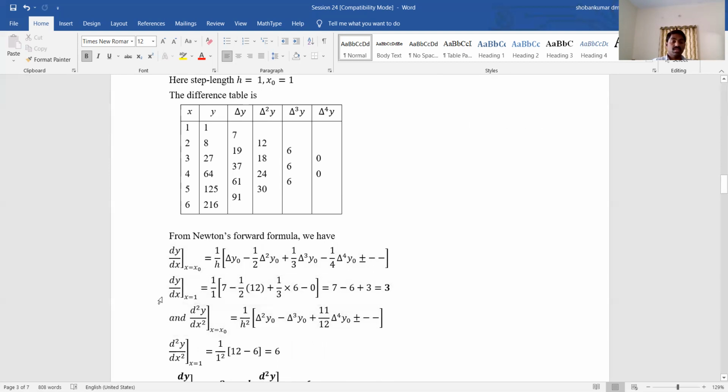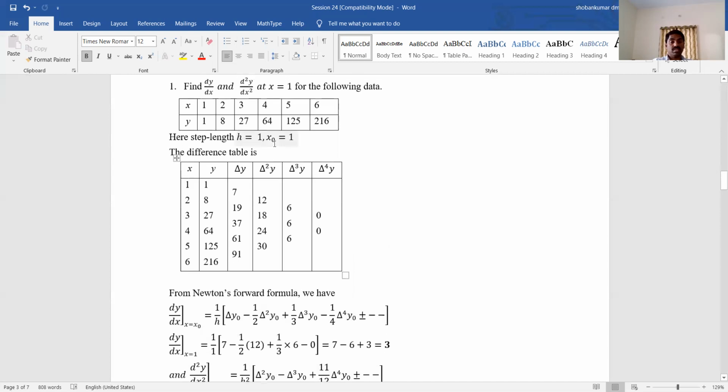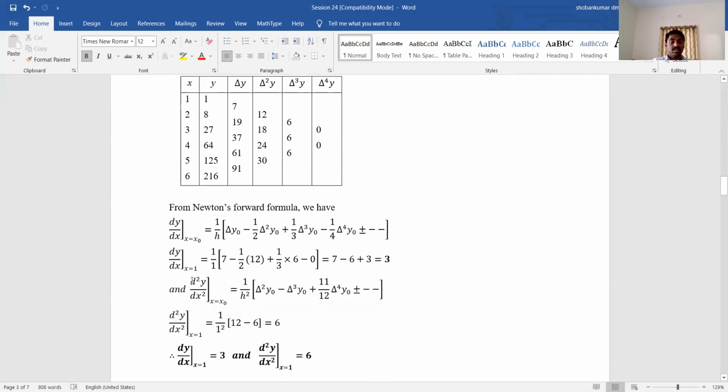Here at x equal to x naught, h is 1, so 1 by 1 of delta y naught from the table, which is 7, minus 1 by 2 delta 2 y naught, which is 12, plus 1 by 3 delta 3 y naught, which is 6, and the remaining are 0.